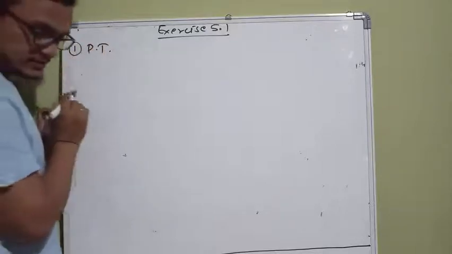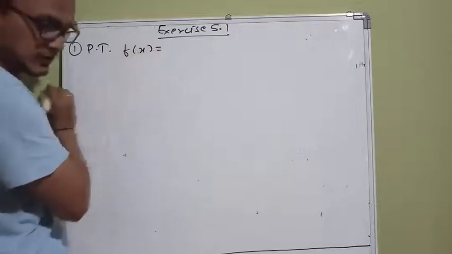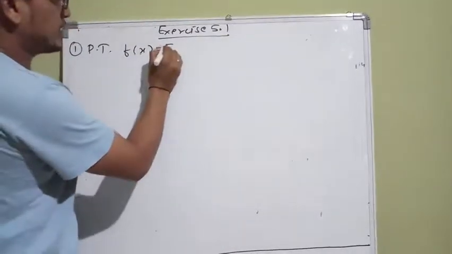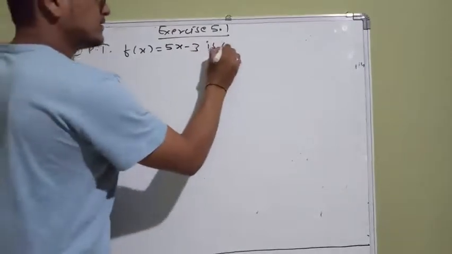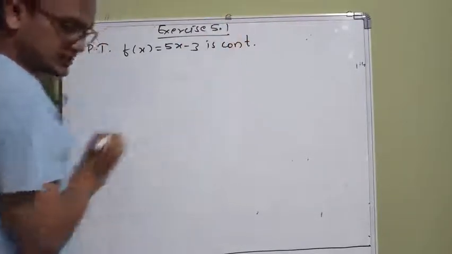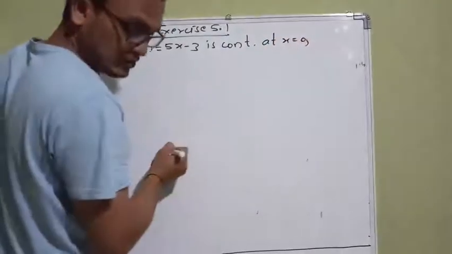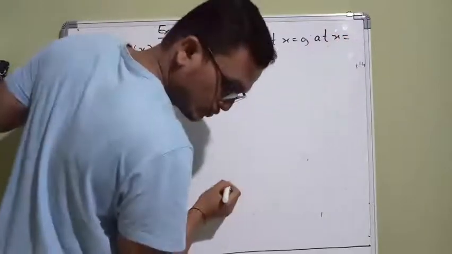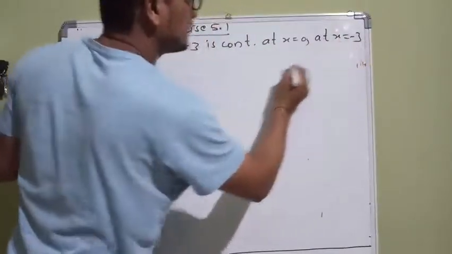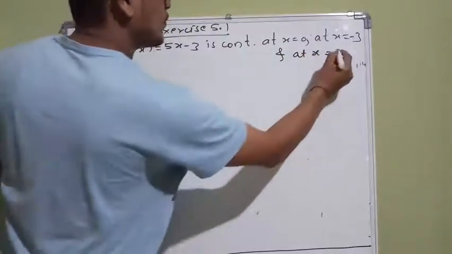So let us have the first example. Prove that the function f of x is equals to 5x minus 3 is continuous at x is equals to 0, at x is equals to minus 3 and at x is equals to 5.